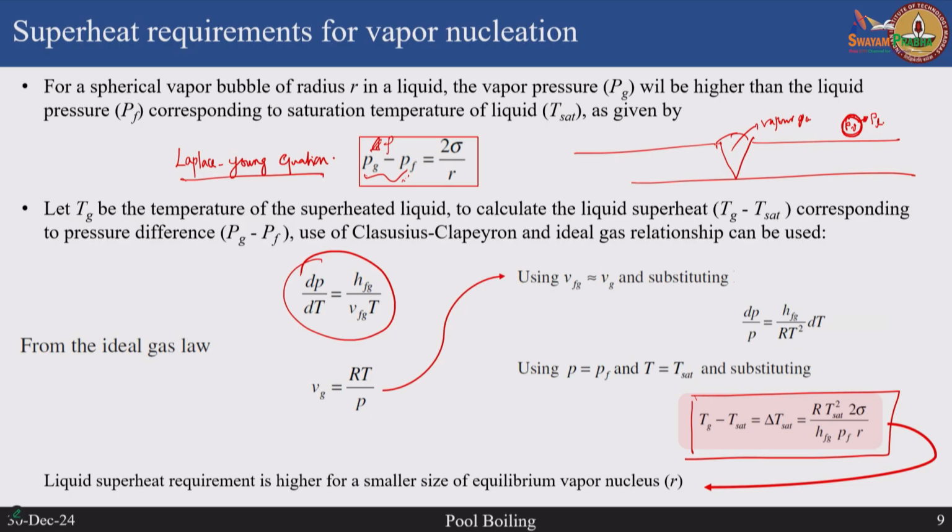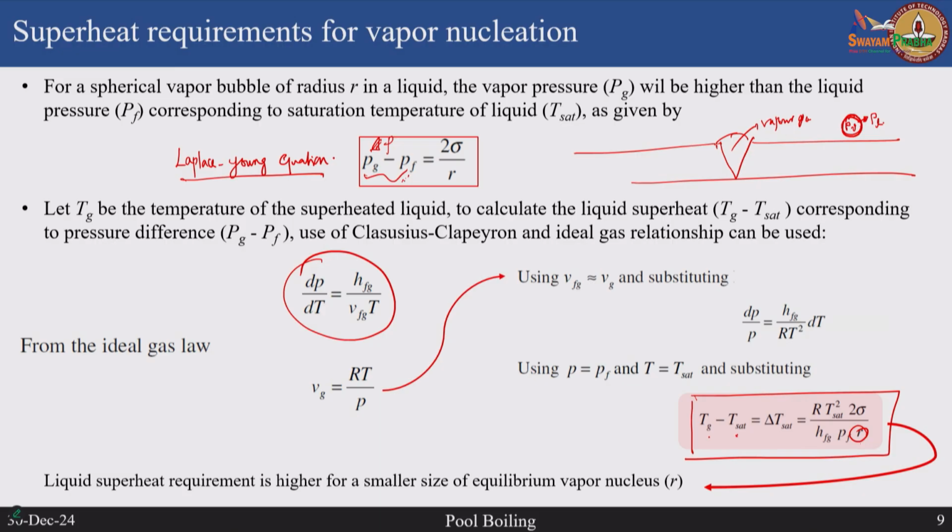Then you use the Clausius-Clapeyron from thermodynamics, you combine that with the Laplace-Young, and then you get an equation which gives you the criteria for maintaining a temperature difference, and that temperature difference between the vapor and the liquid turns out to be inversely proportional to the diameter or radius of this bubble.